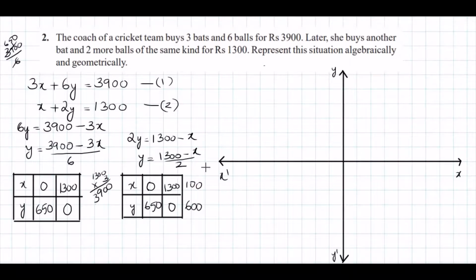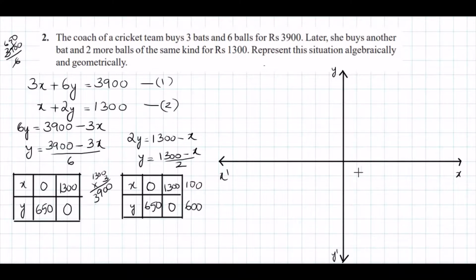So now let's plot the graph for these 2 linear equations in 2 variables. Here, you can see the values you have got for the solutions are big. It's not like 1, 7, 10. They are big numbers. If you take the units as 1, 2, 3, then you cannot plot this in this small graph.